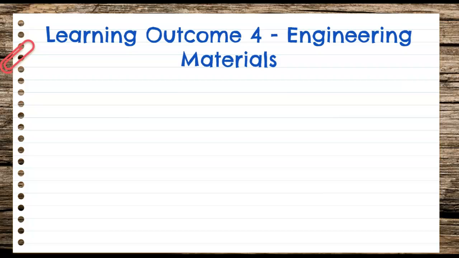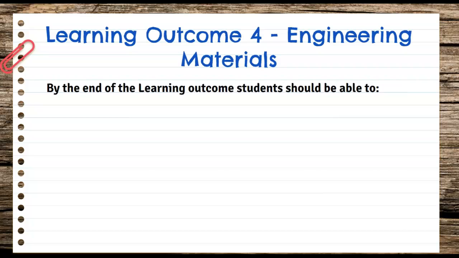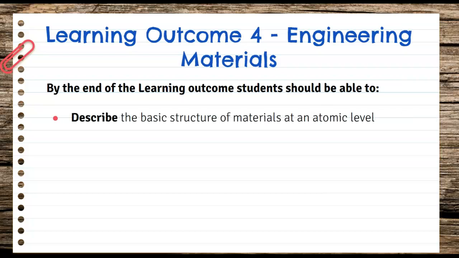Engineering materials. By the end of the learning outcome, students should be able to describe the basic structure of materials at an atomic level. If you're using metal, plastics, rubber, carbon fibre, when it all boils down to it, there are atoms, protons, electrons, neutrons, and so on. You should also be able to draw atomic lattices. There are 3 of them in total.